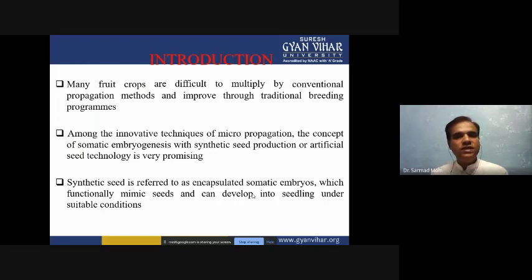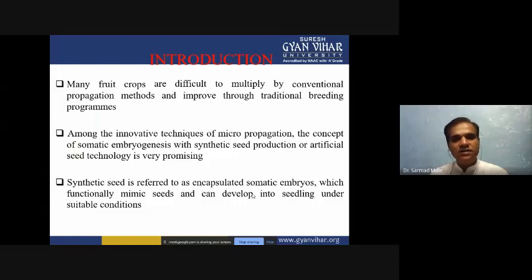Among the innovative techniques for micropropagation, the concept of somatic embryogenesis with synthetic seed production, or artificial seed technology, is very promising. These cultured somatic embryos we can utilize to produce artificial seeds.